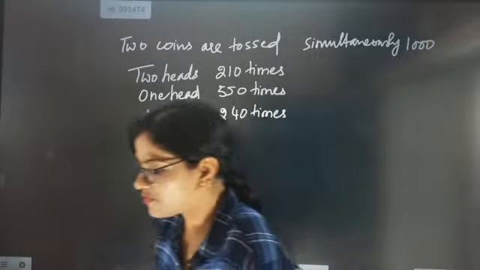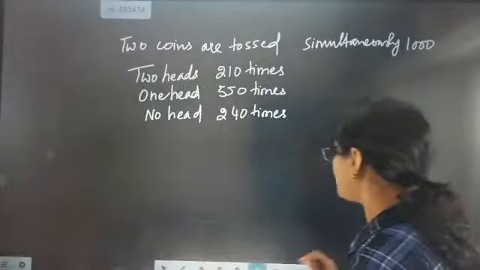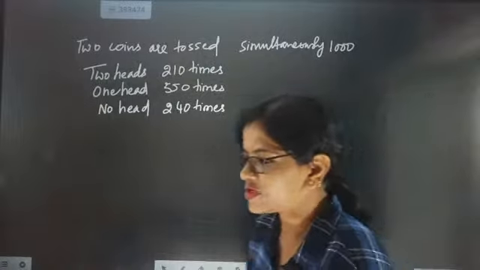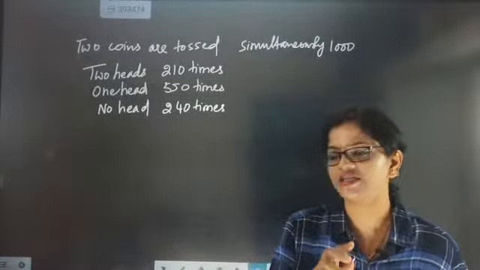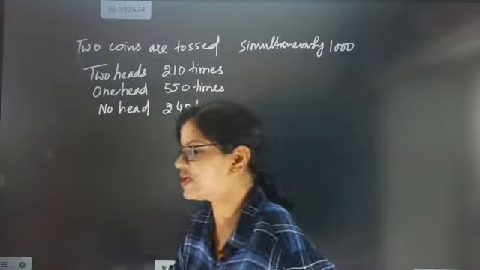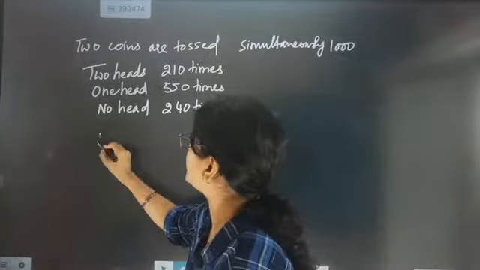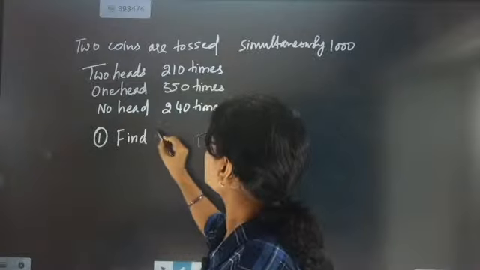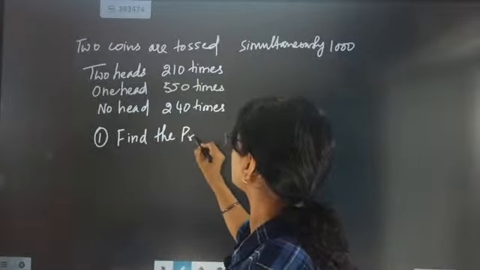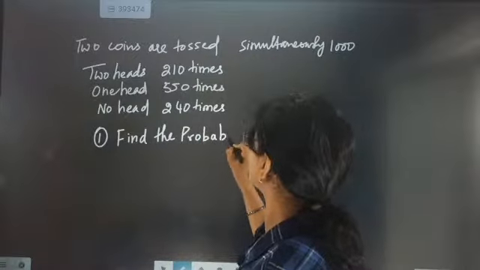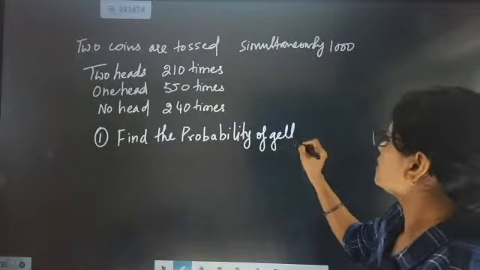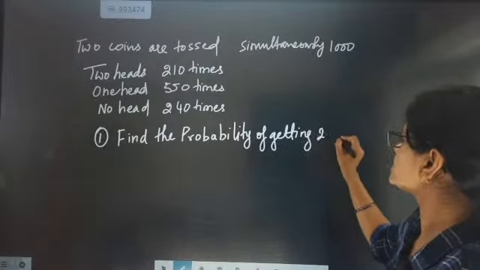Find the probability of getting. So two coins are tossed simultaneously. First, find the probability of getting two tails.